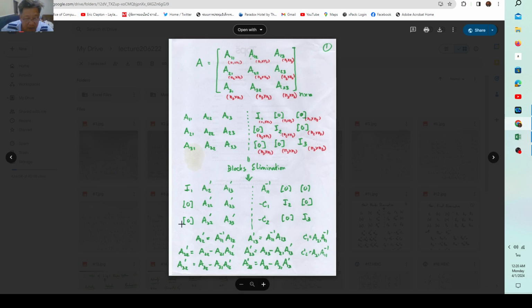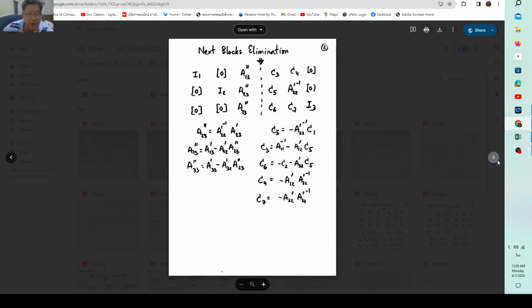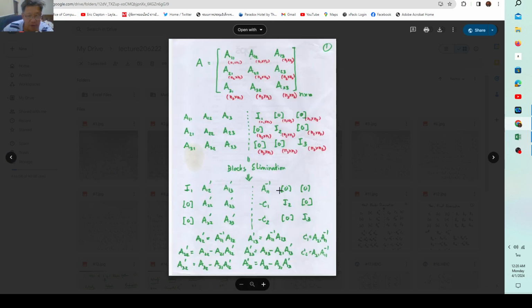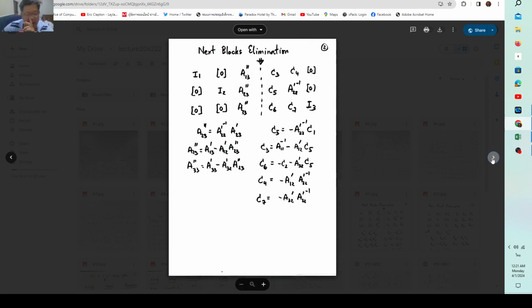We make the first column of submatrices become similar to the first column of the identity in the original A matrix, right? So the next step is trying to make the second submatrix column to be 0, I2, and 0. Okay, and this is what we do. We're going to refer to this notation after this, and then next step you can get this.